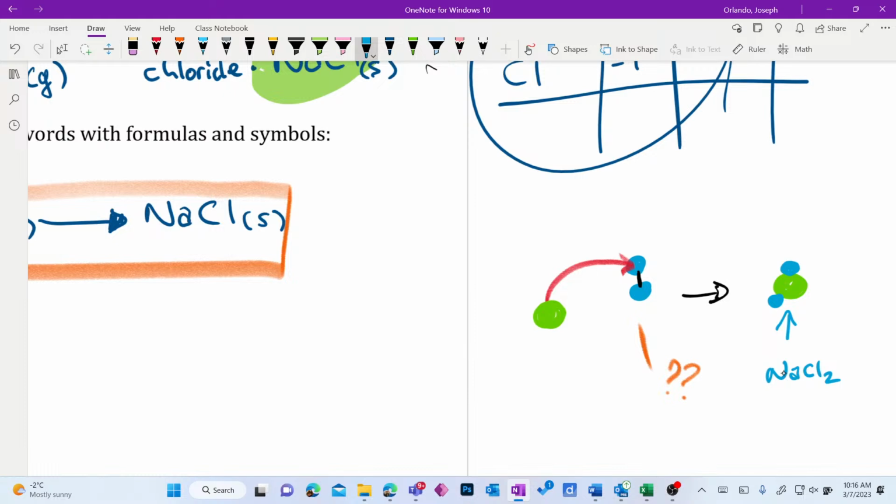Because that would require sodium to give 2 electrons away, and sodium doesn't have 2 electrons. You can't change the products because we know how we figure out what products are possible, and NaCl2 isn't a possible product, only NaCl. So this can only happen if there's a couple of sodiums around so that they both can make this reaction happen. Does that make sense? We're cool with that?